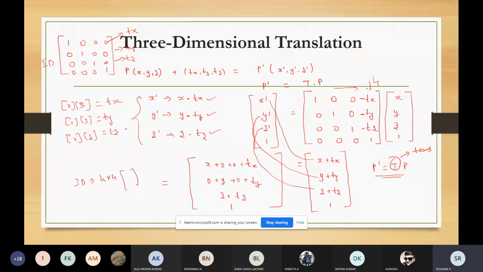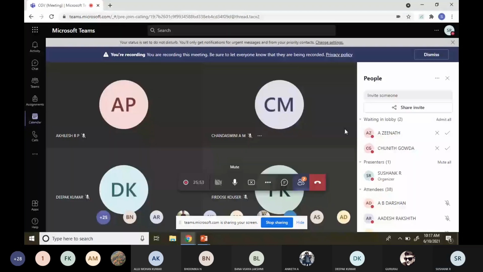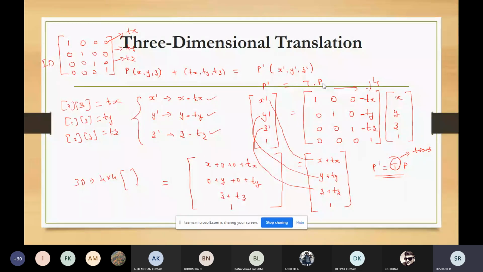This is how you can write the 3D code to perform the translation. I'm talking in terms of the coding. In this way, you can prepare the translation vector.